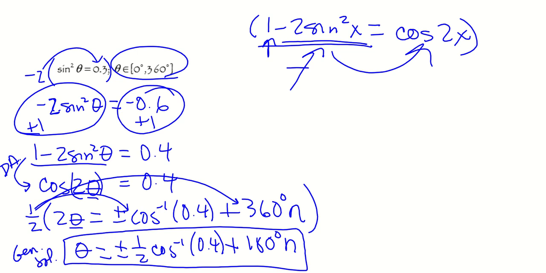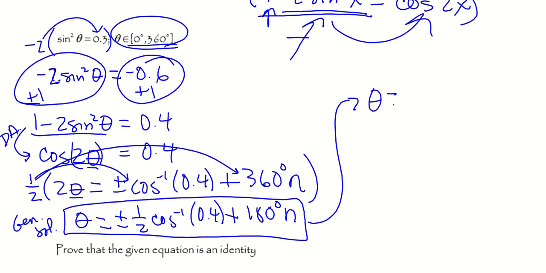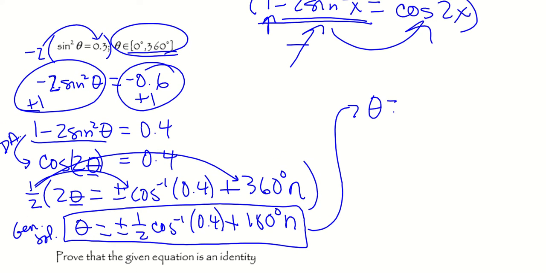For me to find the particular solutions that fall between 0 and 360, let me do this. Let's change that to a decimal so we can see how big that is.